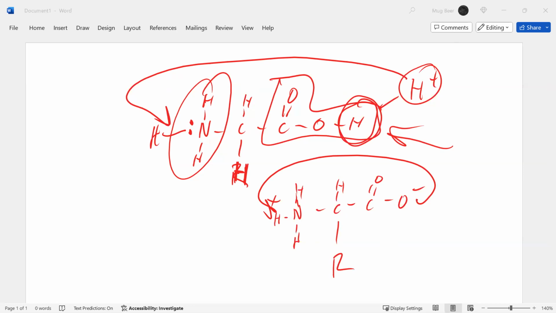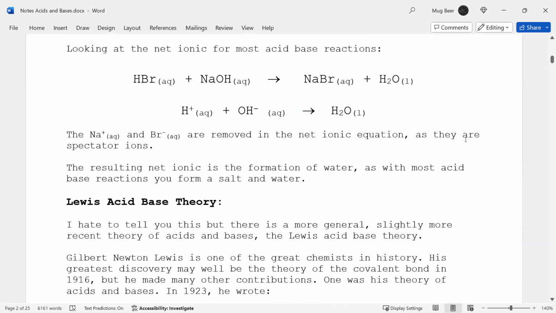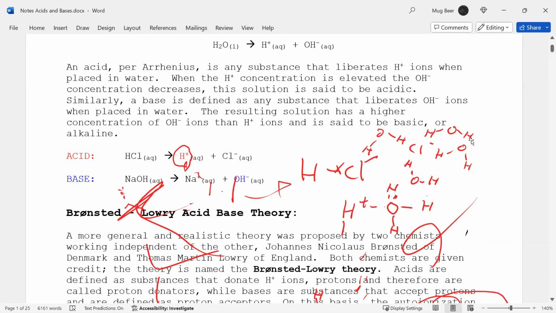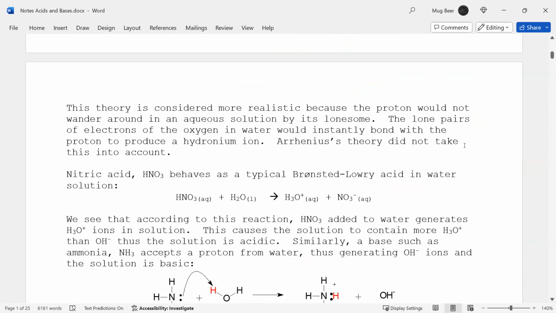All right, so let's go back. Okay, so we've got Arrhenius' theory that says H plus goes up, it's an acid. OH minus goes up, it's a base. We've got Bronsted-Lowry that say, hey, H pluses can't exist, it's got to be a hydronium ion. Something comes in and disassembles it, and they're saying that water molecules come in and pull stuff apart.